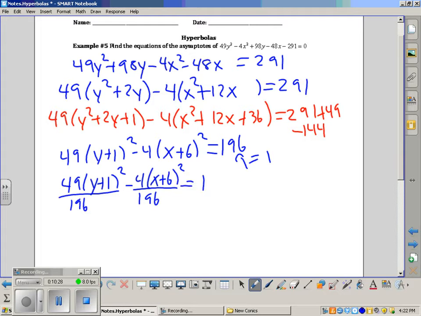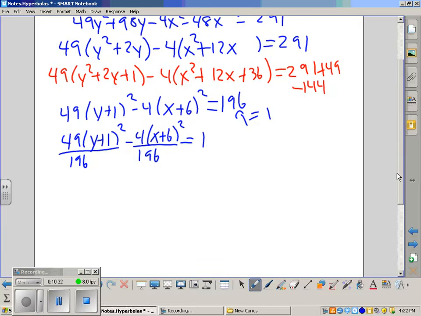And when I simplify that, I did use a calculator, but I'm going to get something like y plus 1 over 4 minus, what does that simplify to? I got 4 over 49. That doesn't make sense. So let me pull out my calculator just to double check this.